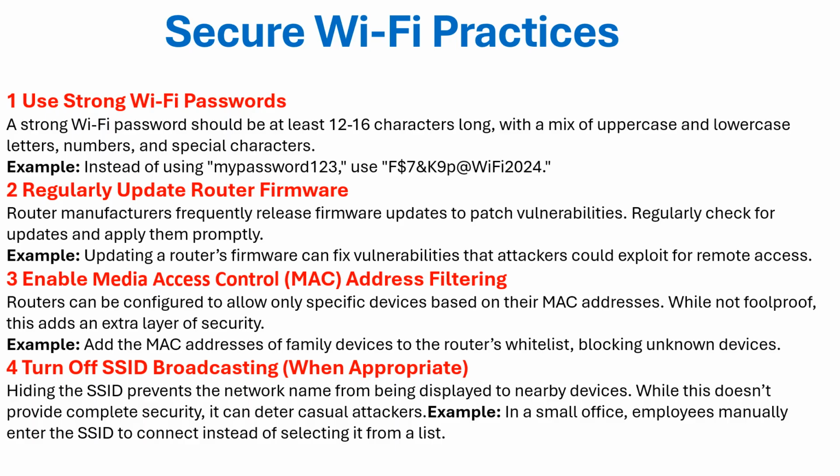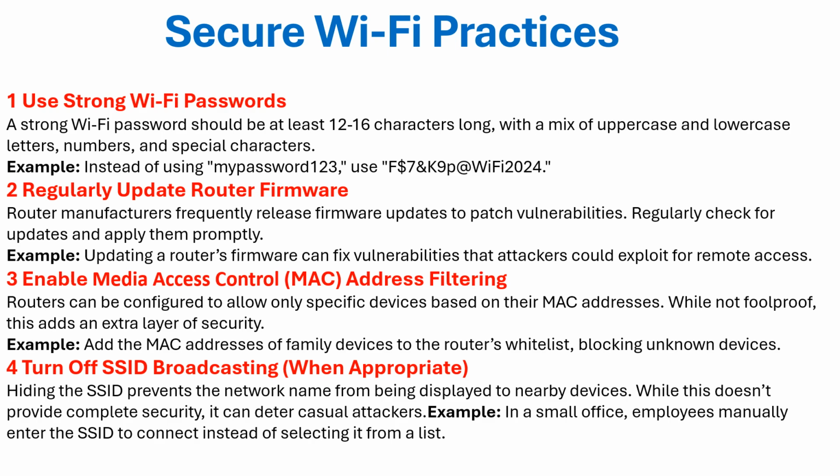Also, regularly update the router's firmware, both hardware and software. The router manufacturer sometimes updates the firmware to patch vulnerabilities, and users should regularly check for updates. For example, router firmware updates can fix vulnerabilities that attackers could exploit for remote access.